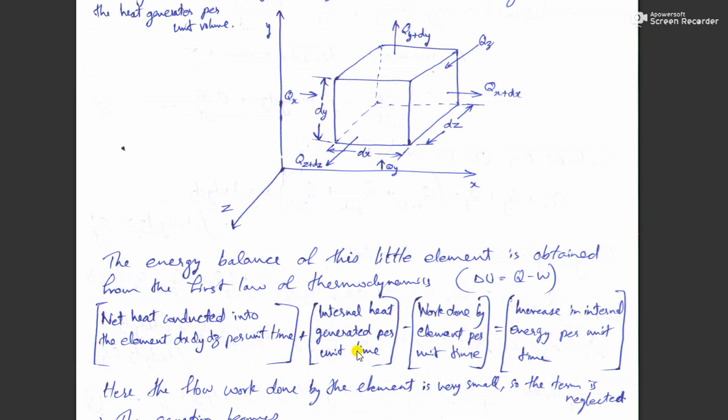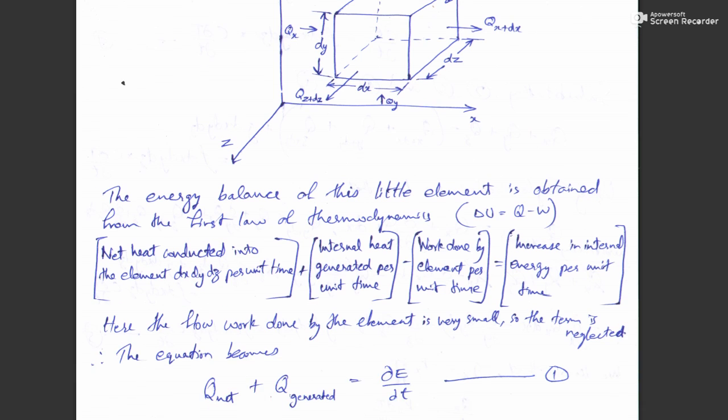The addition of both these terms, Q, minus the work done by the element per unit time, W, is equal to the increase in internal energy per unit time, delta U. Now you see this is the first law of thermodynamics.